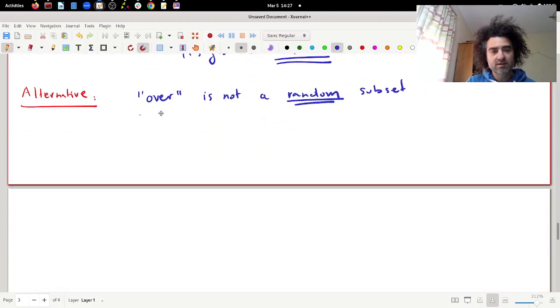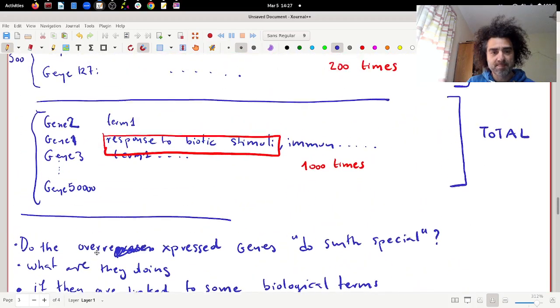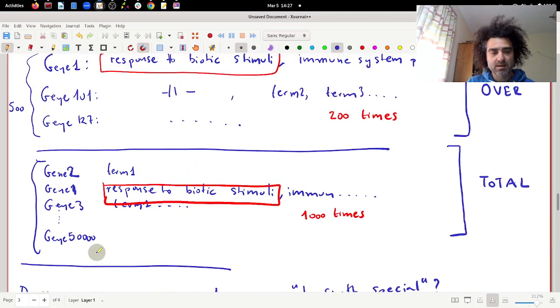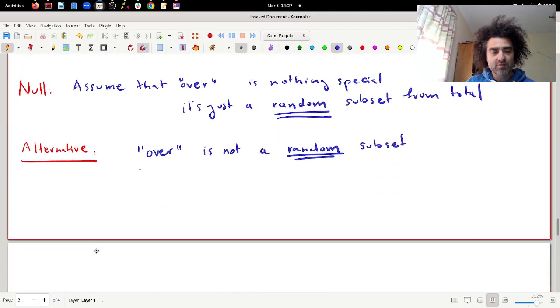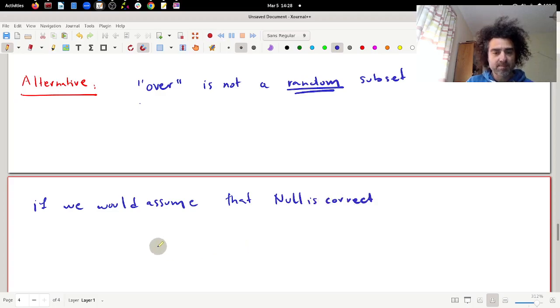Now we want to calculate a p-value for this hypothesis. So it goes like that. If we assume that the null is correct, then this means the following: that we have a box here with 50,000 genes.